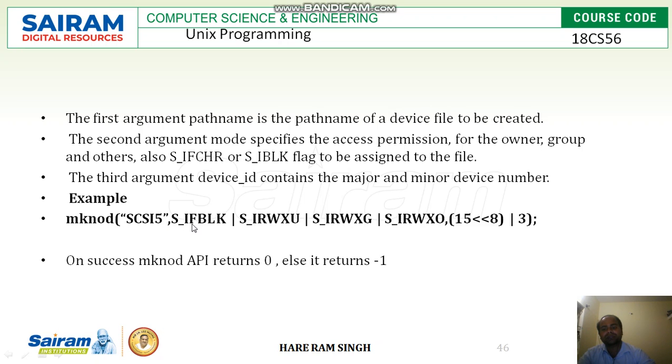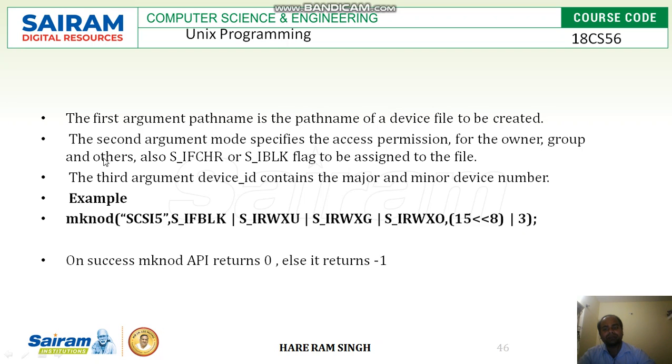So if it is S_IFBLK, then it is a block device file. Then S_IRWXU means read, write and execute permission is given to the user, read, write, execute permission to the group, and read, write, execute permission to the others. So this is the second argument. The third argument is the device ID.